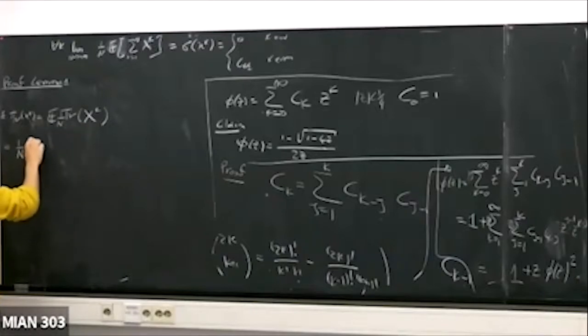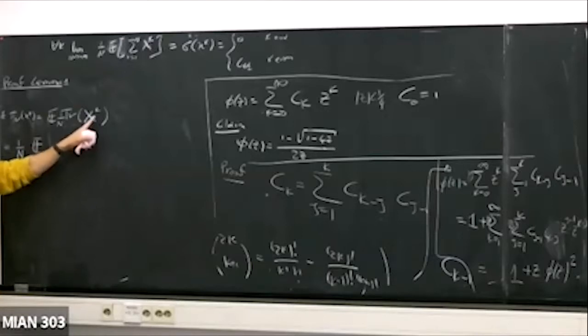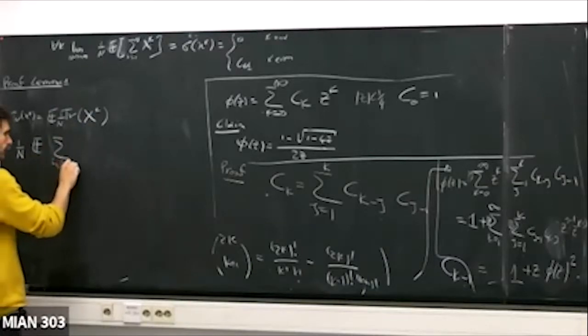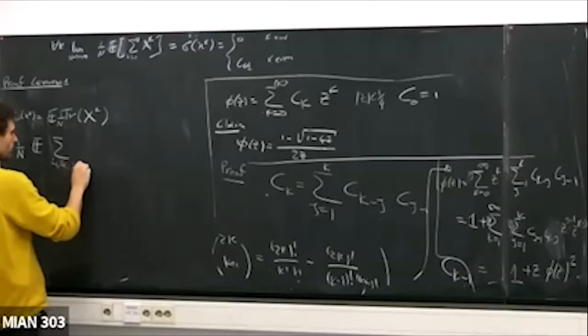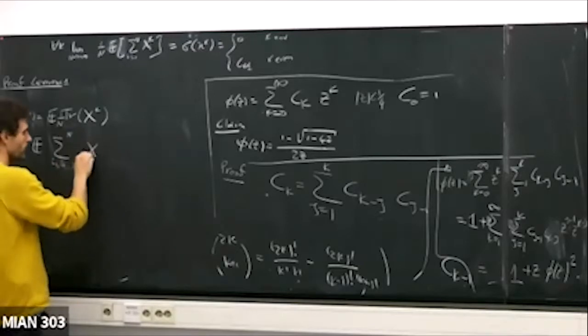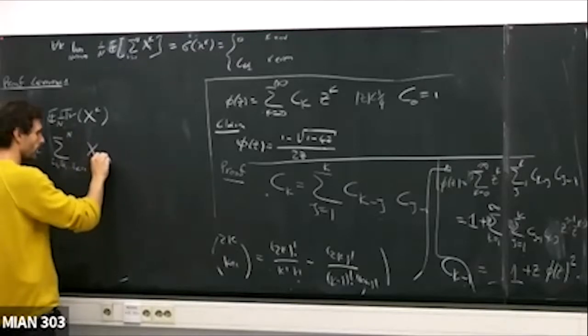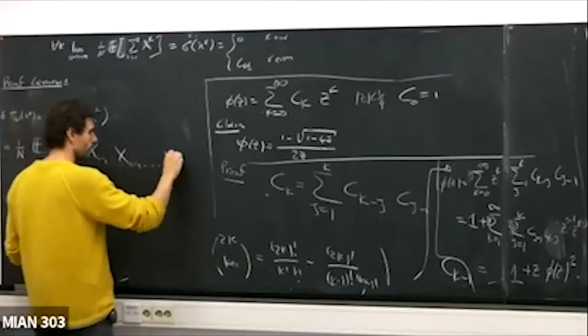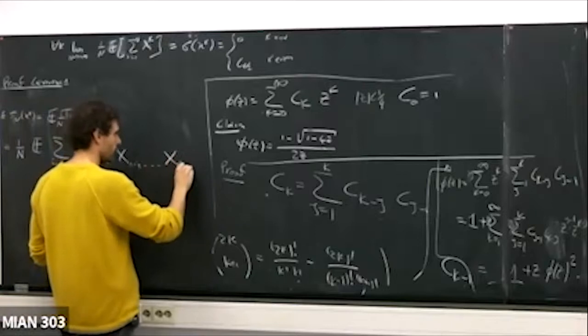So it's 1 over n, the expected value. How do we write the power k of a matrix using the components? It is the sum over i_1, i_2, up to i_k that go from 1 to n of x_{i1 i2} x_{i2 i3} and so on, up to x_{ik i1}.